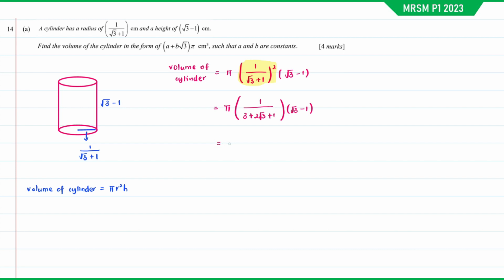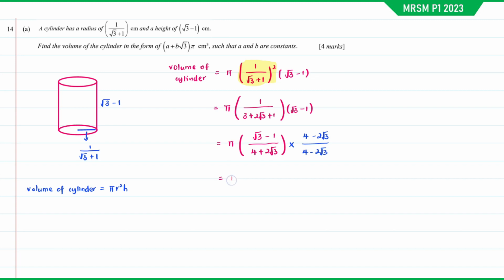Next, multiply the two brackets together. We're going to get (square root 3 minus 1) over (4 plus 2 square root 3). To rationalize the denominator, we need to multiply with the conjugate surd. In this case it will be (4 minus 2 square root 3) over (4 minus 2 square root 3).